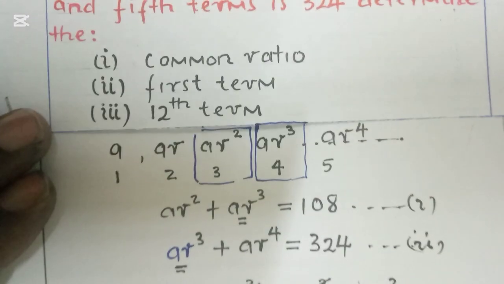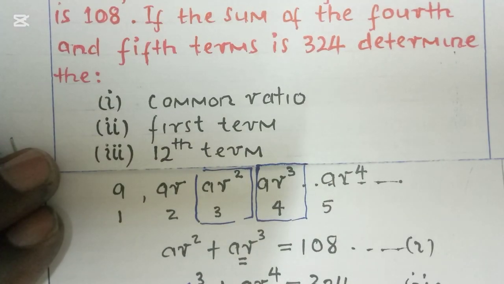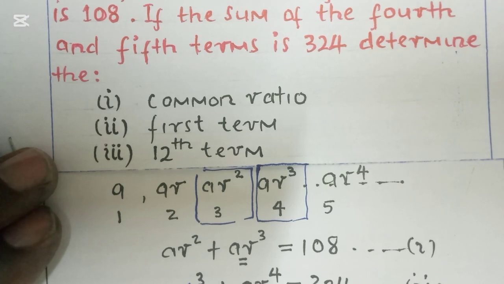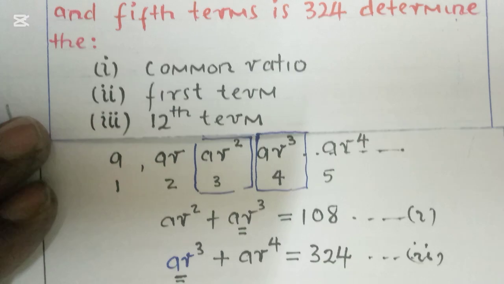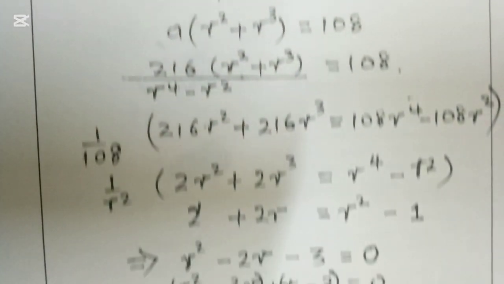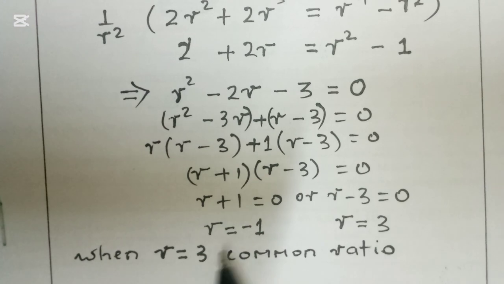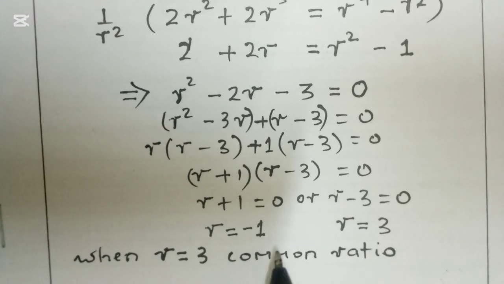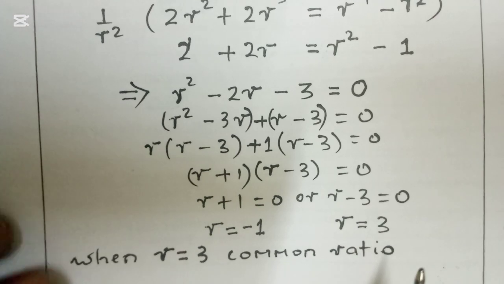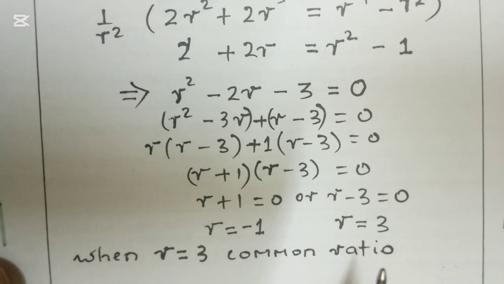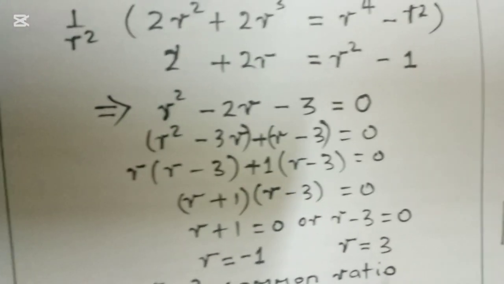So we are already done with the common ratio, which we get as 3. But we also have this, which is negative 1. So we have two common ratios. We have r equals 3, and we also have r equals negative 1. So let's go to the second question. It says the first term. Let's find the first term.